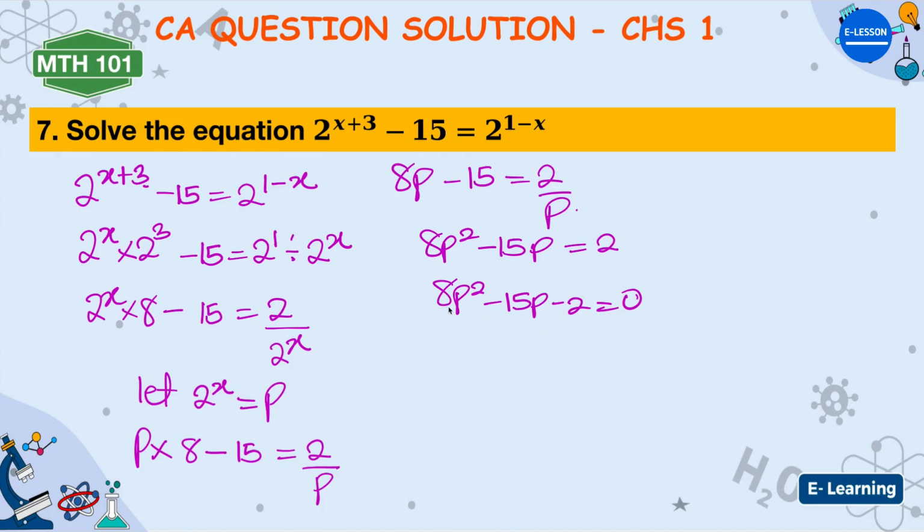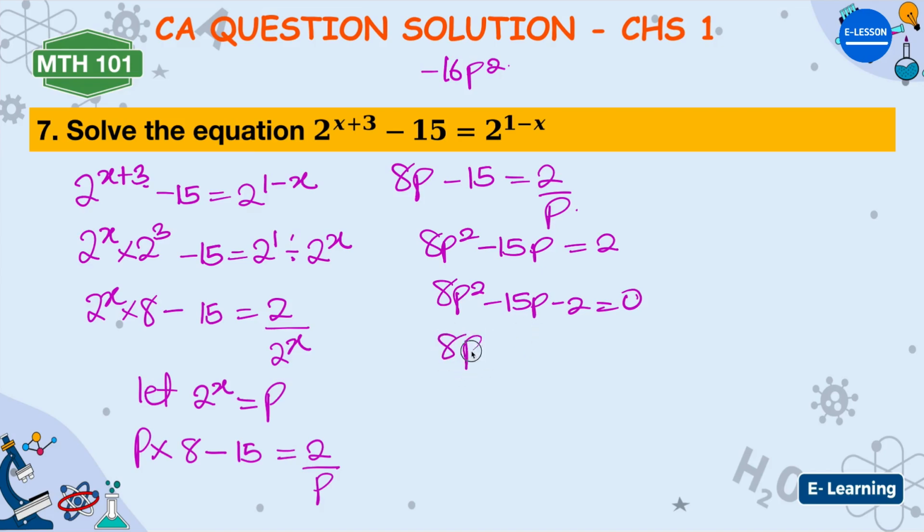At the end of the day, 8p squared times 2 will give us what? Minus 16p squared. So we are looking for two values, such a way that when we multiply them, they will give us minus 16p squared, but when we add them, they are going to give us minus 15p. And what are those two values? What do you think those two values are? It's minus 16p and minus p.